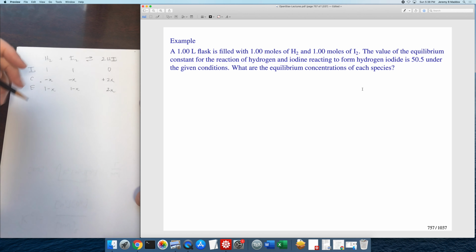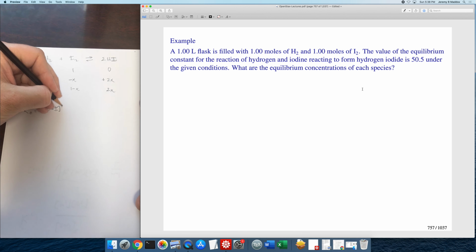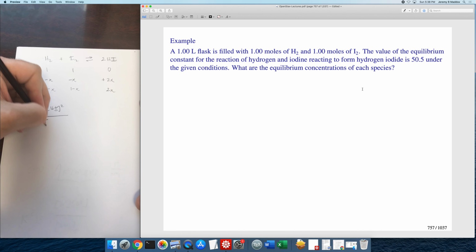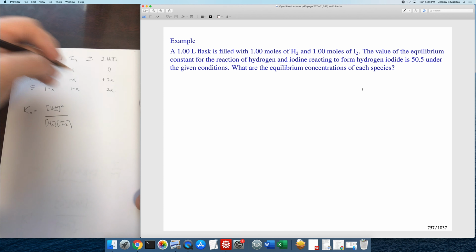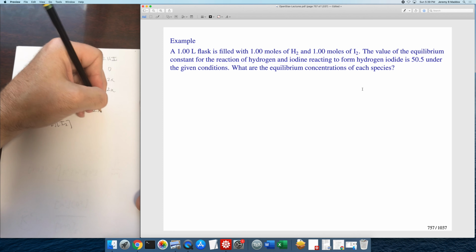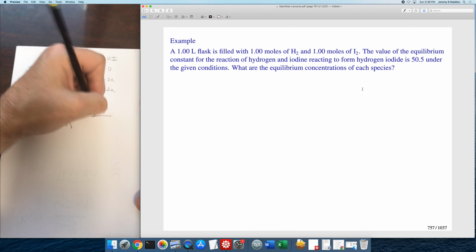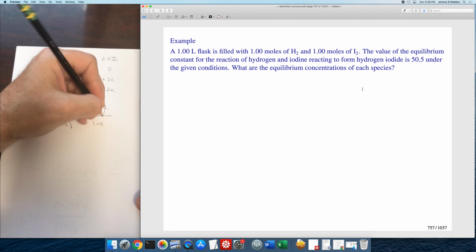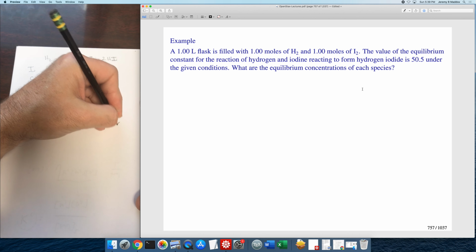And now we set up the equilibrium constant expression. So it's the products to their stoichiometric coefficients over the reactants. So that's going to be 2x squared over 1 minus x times 1 minus x.